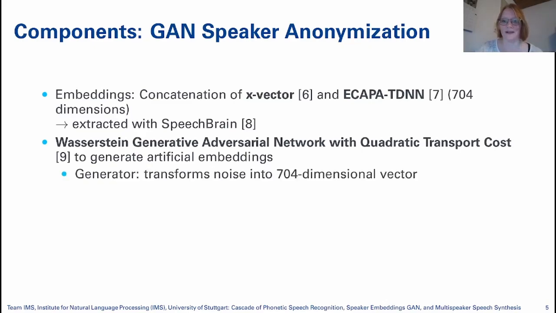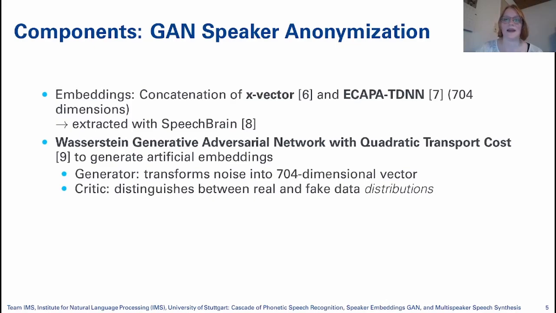We have a generator that uses noise vectors to transform them into 704-dimensional vectors, so the same dimensions as our original speaker embeddings. And a critic, which is basically like the discriminator of a Wasserstein GAN. And this critic distinguishes between real and fake data distributions.